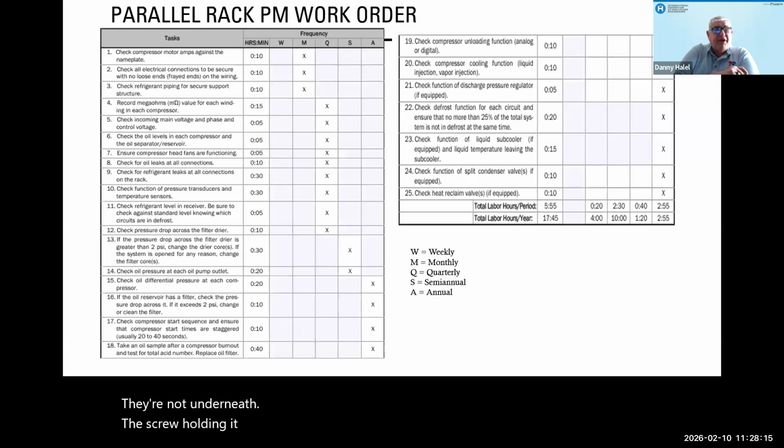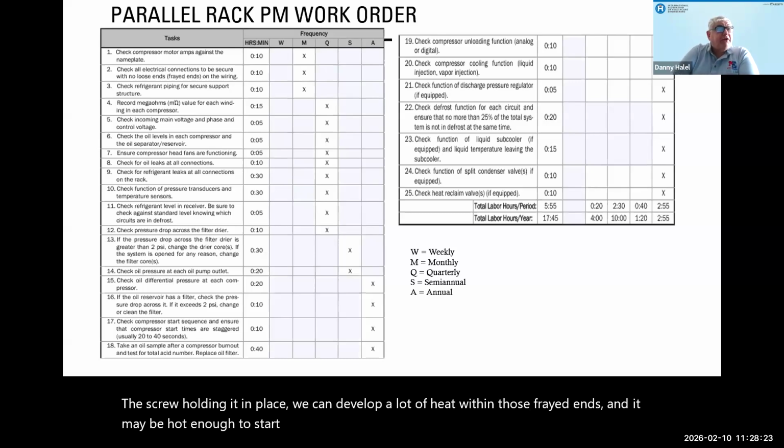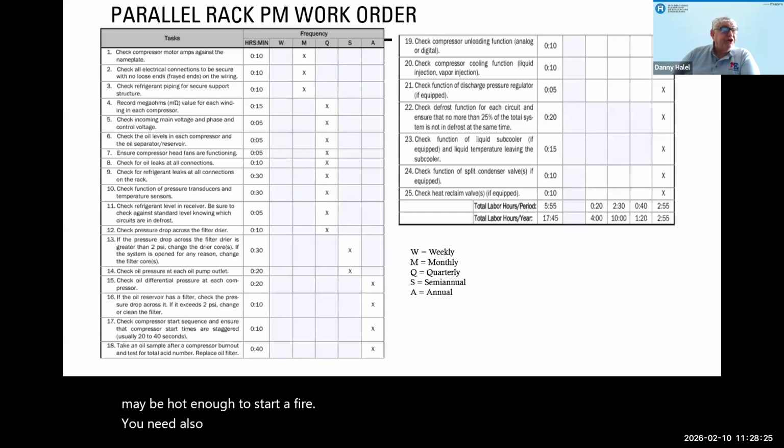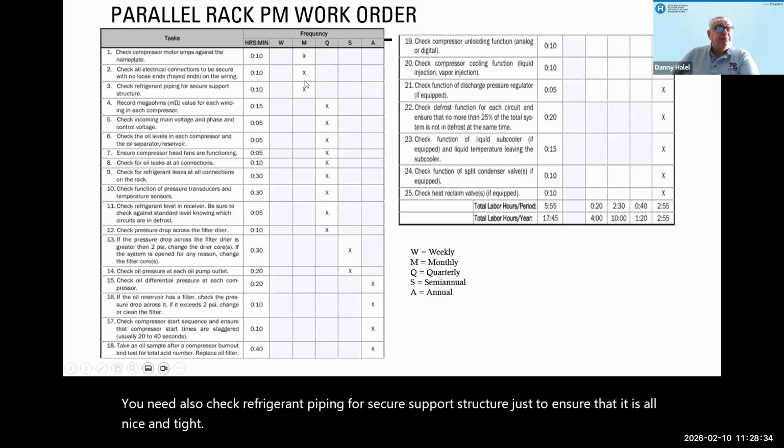We can develop a lot of heat within those frayed ends, and it may be hot enough to start a fire. You need to also check refrigerant piping for secure support structure, just to ensure that it is all nice and tight. In this case, these 3 things are done monthly.